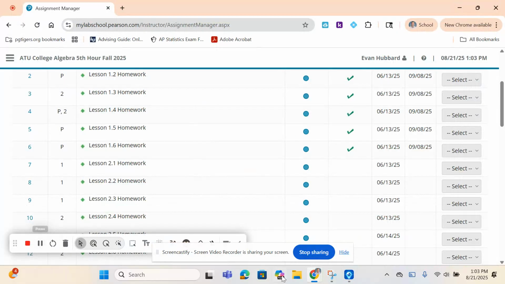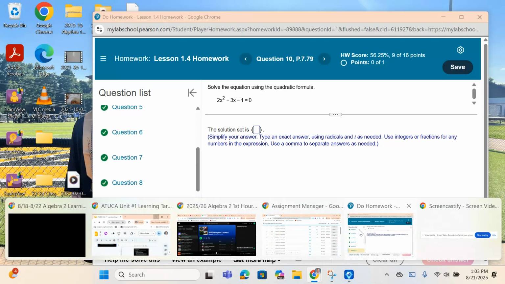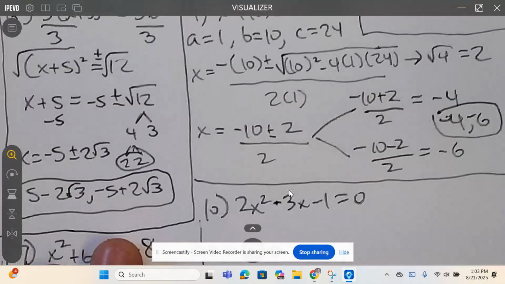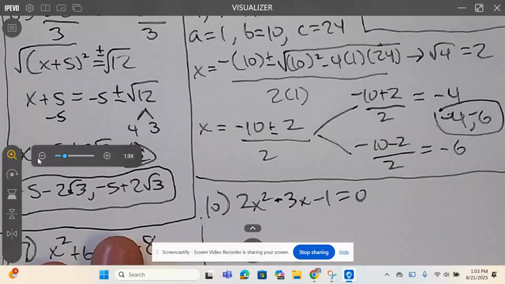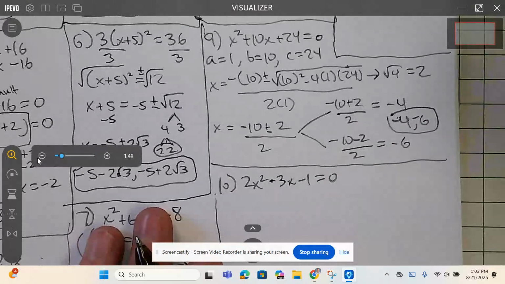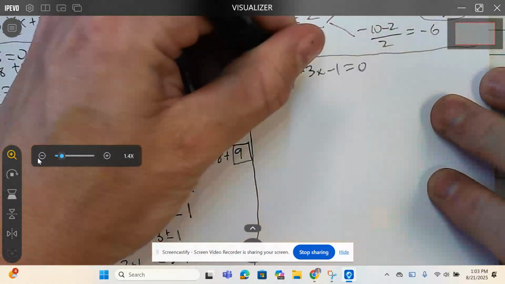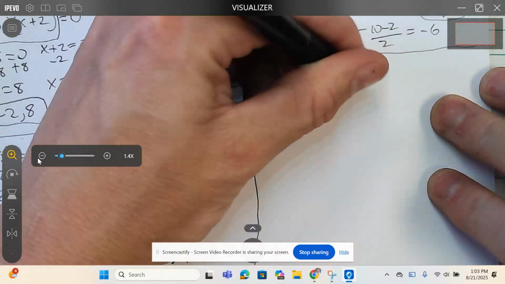All right, let's try number 10. Quadratic formula. 2x squared minus 3x minus 1 equals 0. Okay. So a equals 2, b equals negative 3, c equals negative 1.